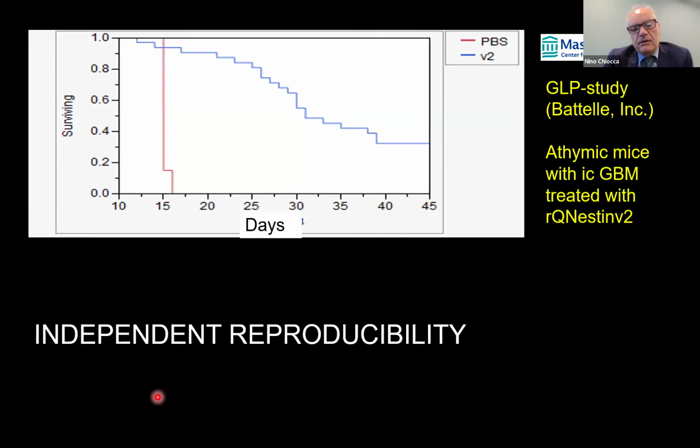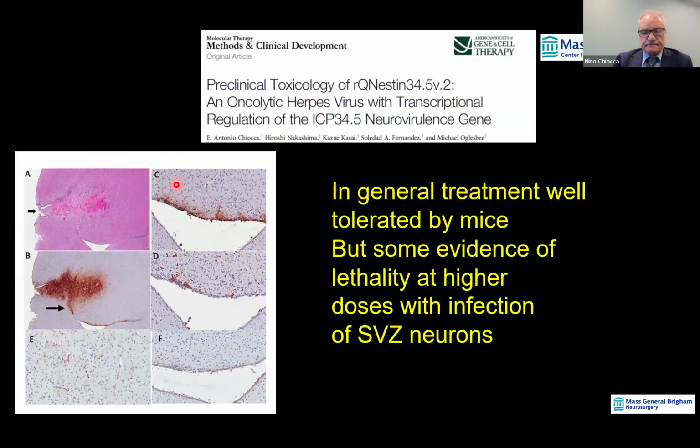So we actually used a CRO, a contract research organization, to repeat our data. These are mice with an intracranial tumor treated with our virus. In blue, you can see the survival curve of these athymic mice with a human glioma in their brain, compared to control mice here in red. So this was highly significant.